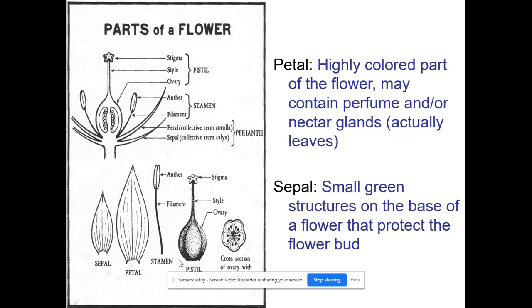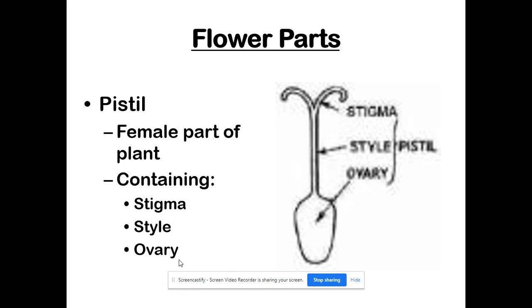But when that flower is ready for reproduction, the bud peels back, or the sepals fall off or roll back, and what opens up is the petals, letting the insects and the bees know, the birds know, that they're ready for reproduction.